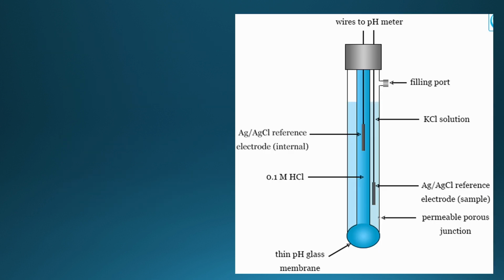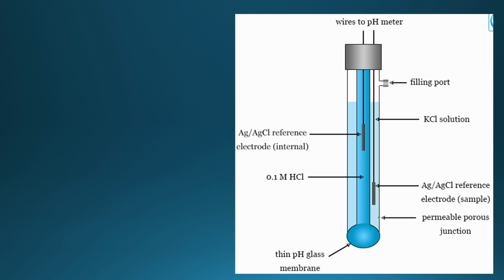I'll show you the pH electrode. Now, what we're talking about is basically this one in the dark blue. So this is the glass membrane electrode, not the whole thing. The glass membrane electrode is made of an internal reference electrode, which is silver chloride.